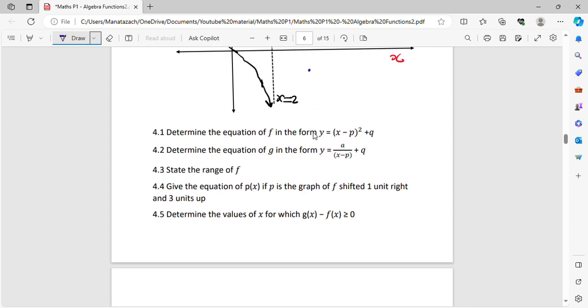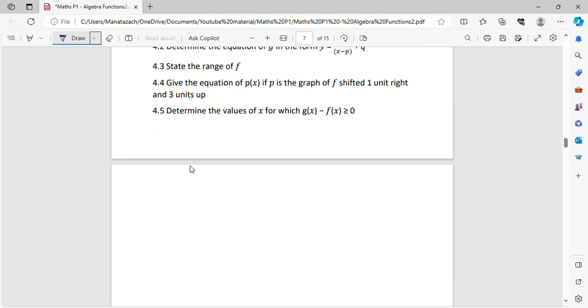That means for 4.1, you're going to say y is equal to a times x minus the turning point's x coordinate, squared, plus the turning point's y coordinate.